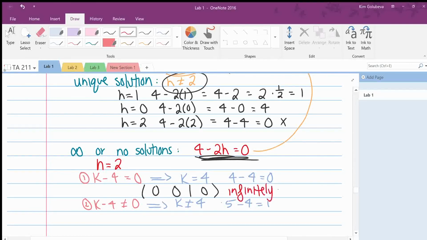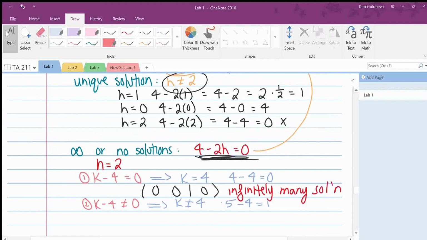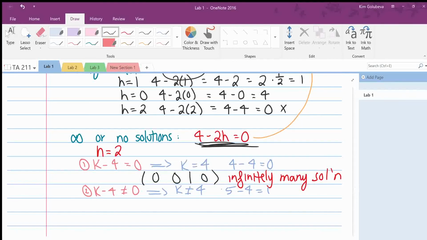A row of zeros. Now, if k does not equal 4, so we have 0, 0, and then let's use this example again, let's say we have 1. Well, we have 0 plus 0 equaling 1, and this means that there's no solutions.